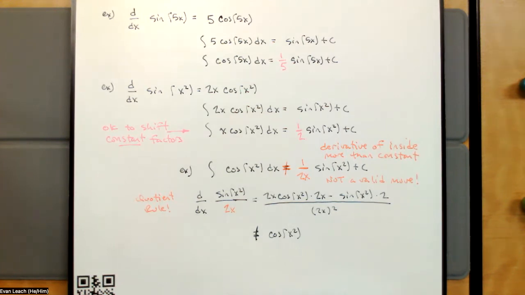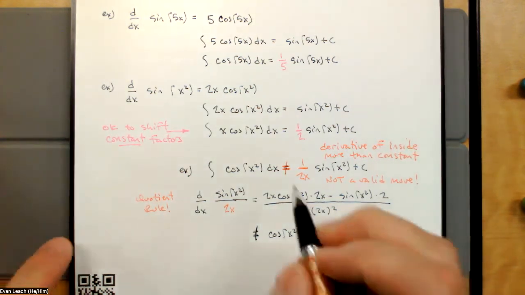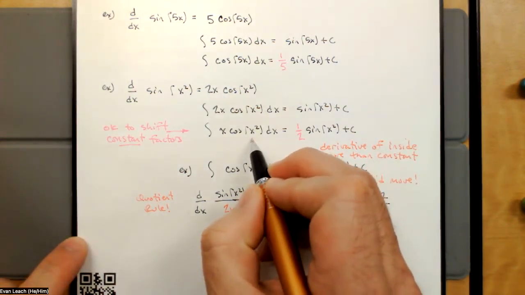Any questions? What we want to be on the lookout for, like we pointed out yesterday, is an inside and the derivative of the inside as a factor. This is the combination that we're looking for.